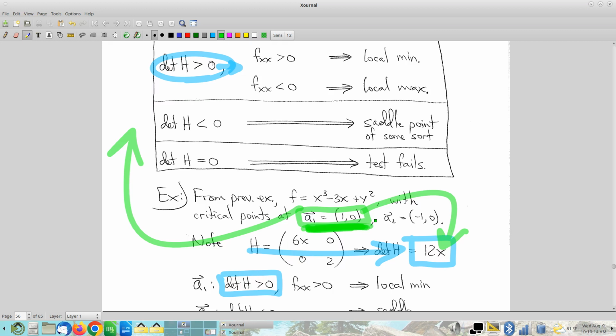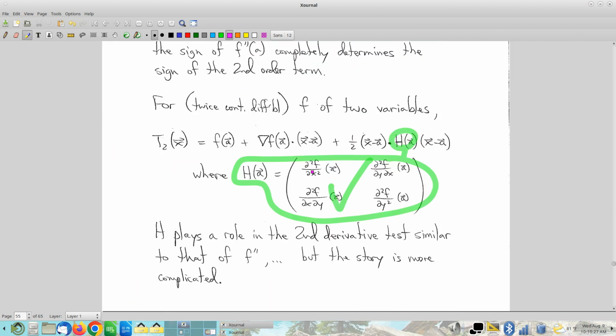Okay. All right. So next question. It says here that I've got to look at the fxx. Conveniently, by the way, notice fxx is the top left entry in the Hessian matrix, so you've already computed it.